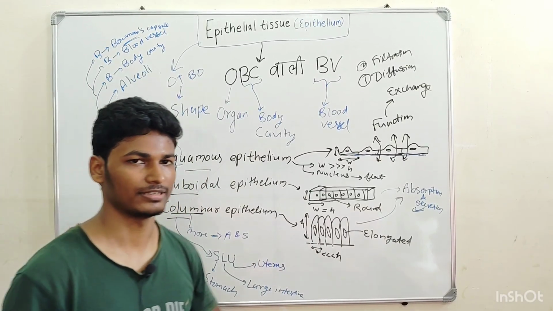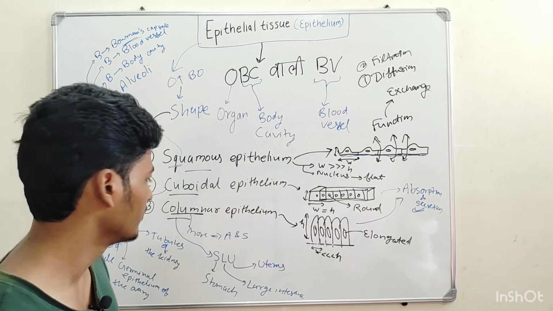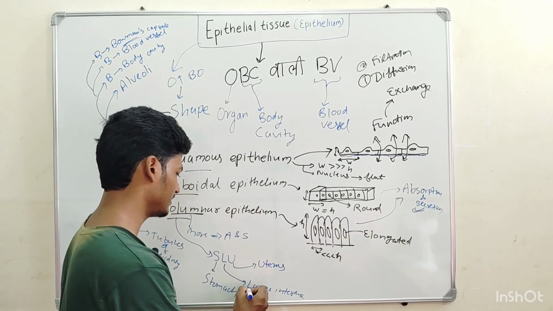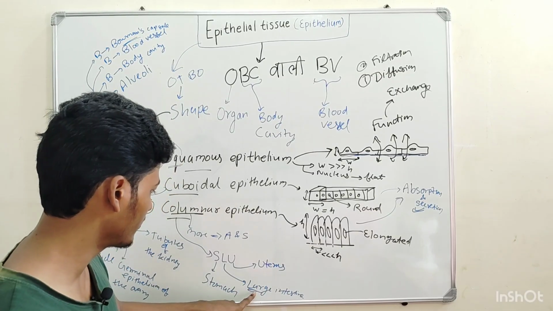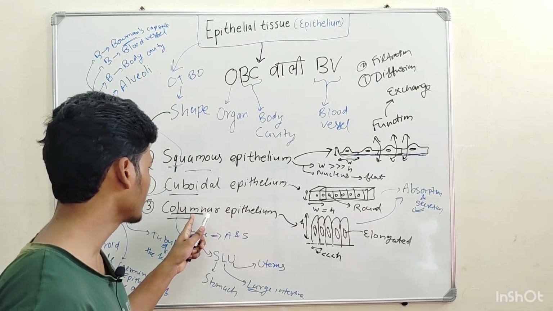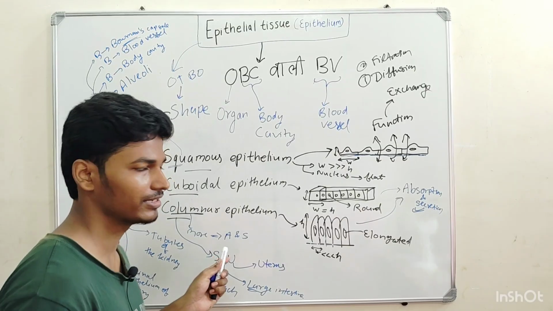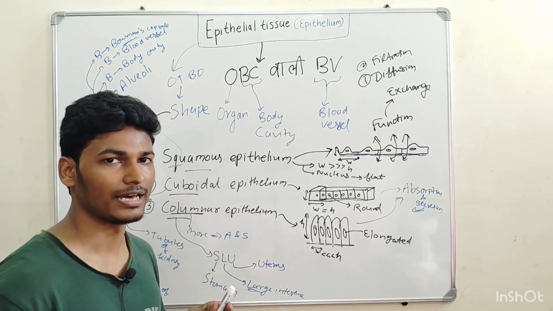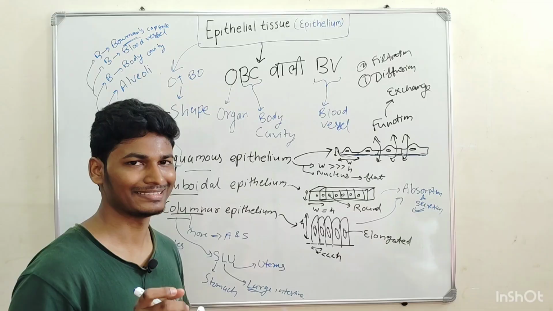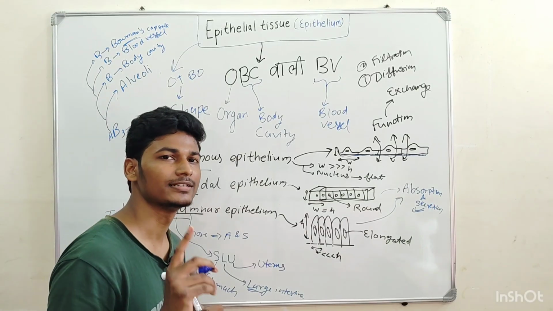Actually, intestine function is, as you already know, absorption of food. I wrote large intestine, not small intestine, because we are talking about only columnar epithelium. But in the small intestine, on the columnar epithelium plasma membrane, a special kind of surface projection is also present, and that is called cilia.